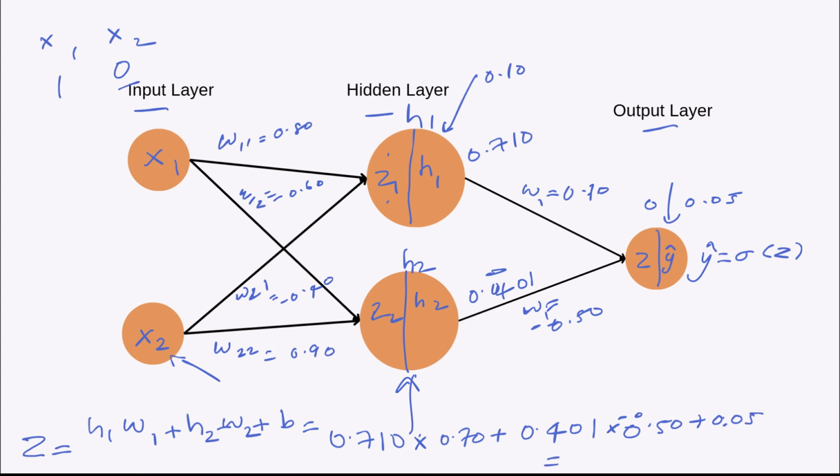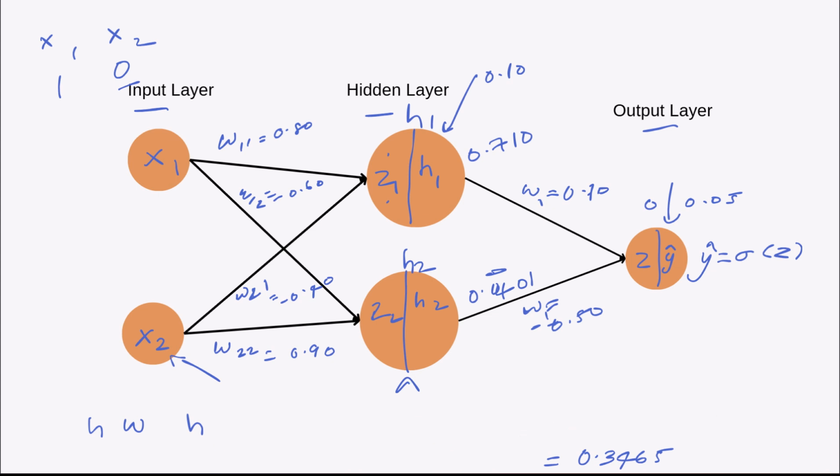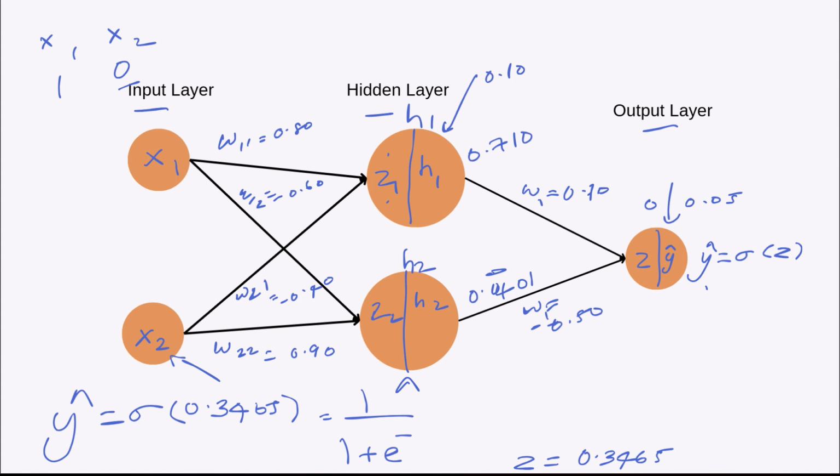That's going to give you a final value of 0.3465. So let's only keep the output, that is Z is equal to 0.3465. Now how to get the Y? That is the predicted value, the sigmoid of the output, that is sigmoid of 0.3465, equal to 1 by 1 plus e raised to minus 0.3465.